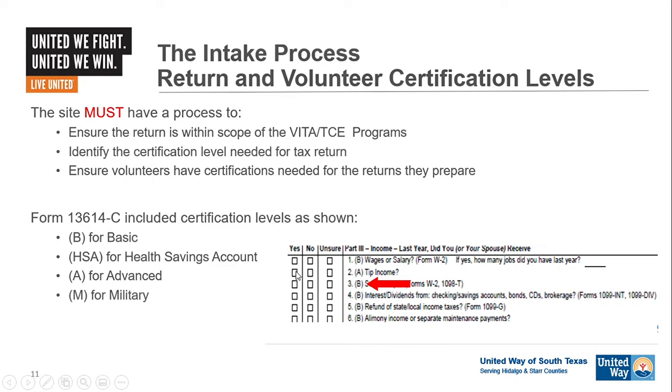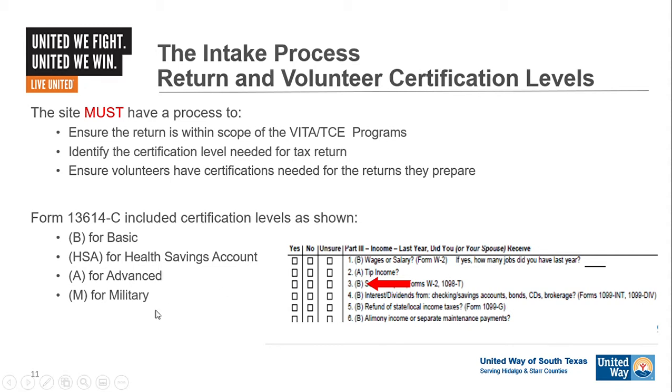If you're advanced certification level, you can do any return, with A or B. But if you are only a basic level certified volunteer, you can only do tax returns that are marked with the B. If there's one A on your form, an advanced tax preparer will have to complete it.